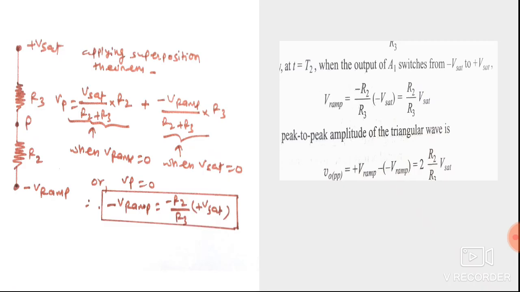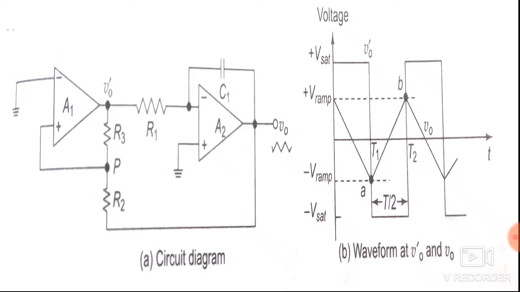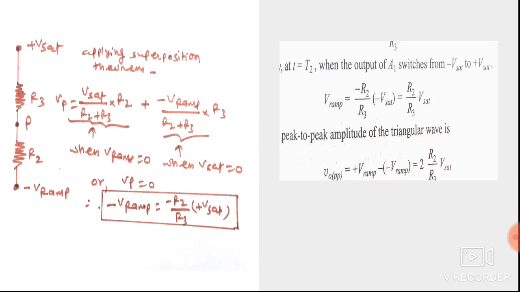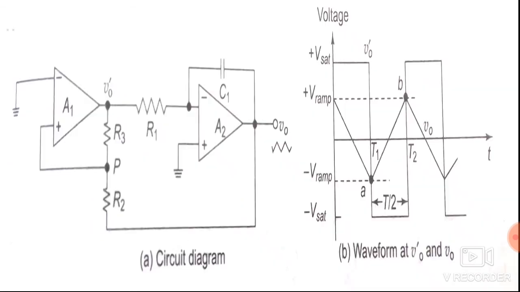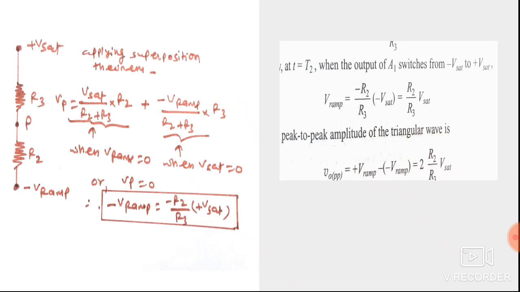So now friends, we have calculated minus V ramp for the time period 0 to t1. So at point t2, when the output of A1 switches from minus Vsat to plus Vsat, what happened?